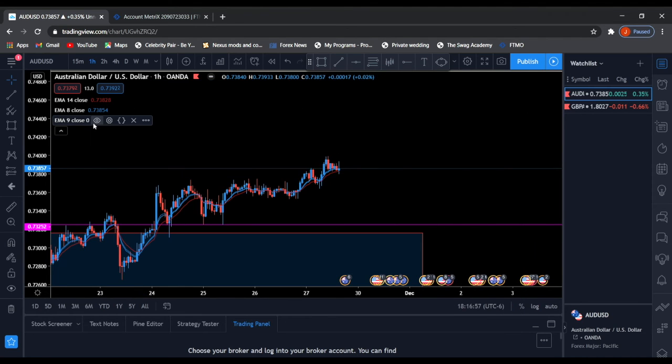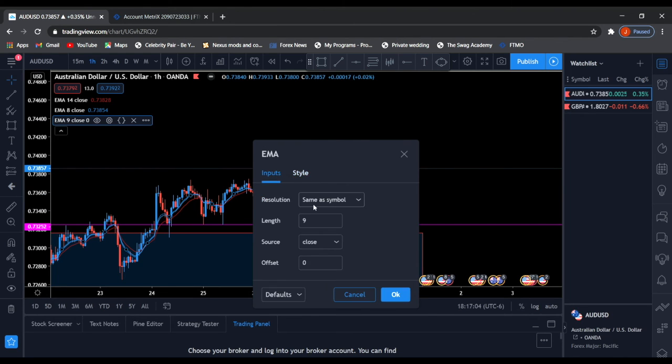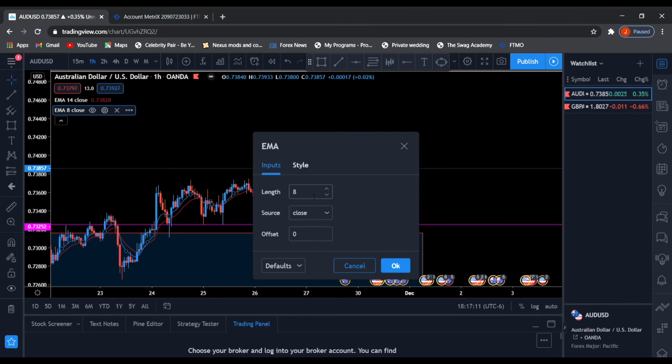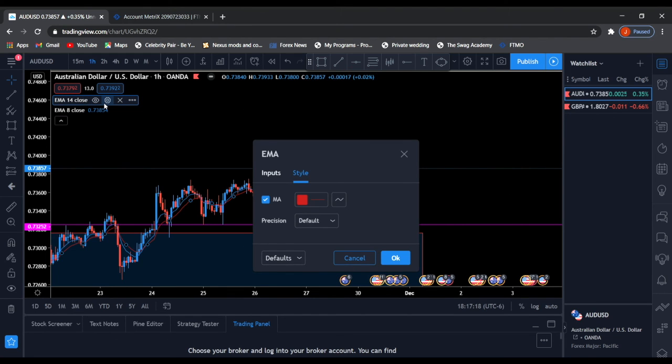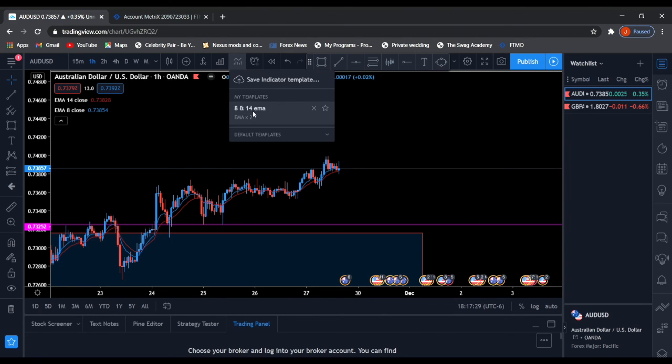Then you press settings, and my blue EMA is 8, close, and 0. And of course I got it blue. And my red one, 14, close, and 0. And then I save my indicators so that I can come right here to indicator templates. And then I just got them right here.